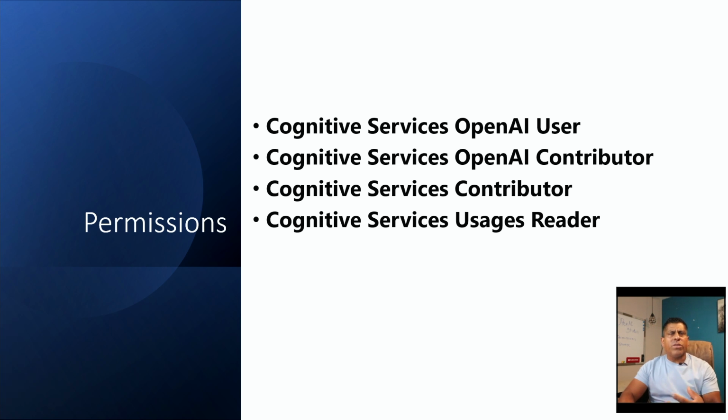The Cognitive Services OpenAI User, Cognitive Services OpenAI Contributor, and the Cognitive Services Contributor and the Cognitive Services Usages Reader. Pay attention to the first two. They have the OpenAI word. The last two do not have the OpenAI word in them. There's a difference when you look at those permissions. So let's go ahead and get into them.